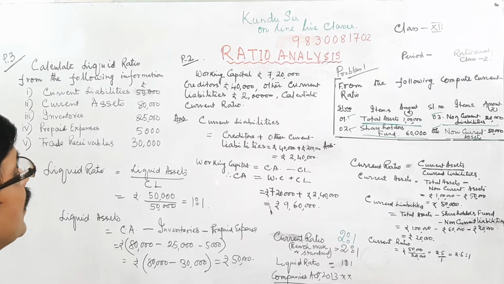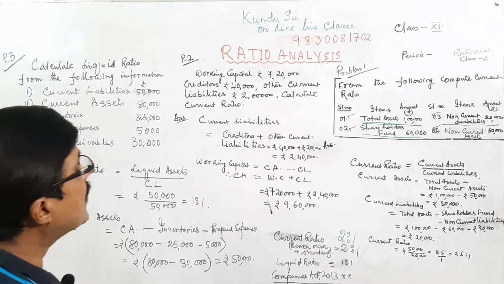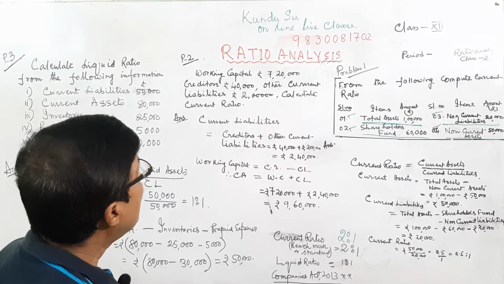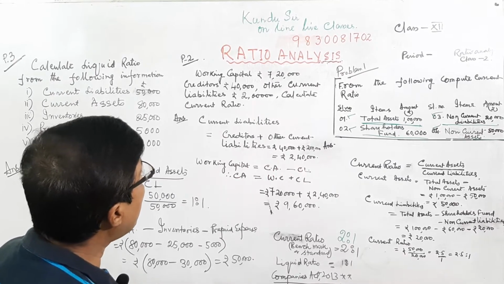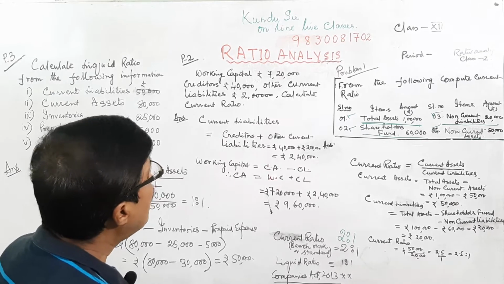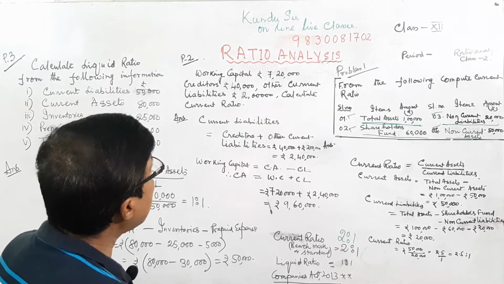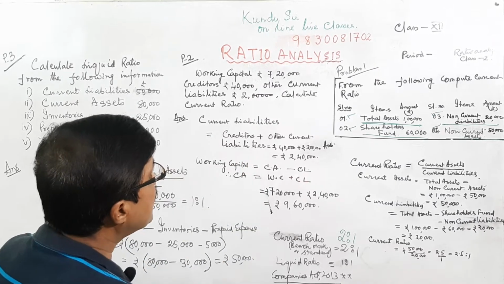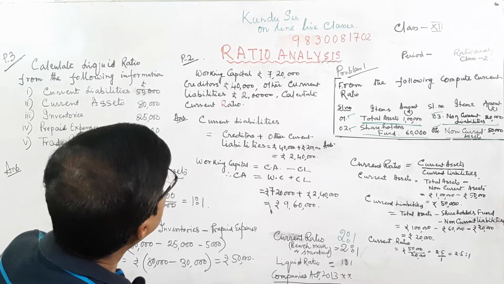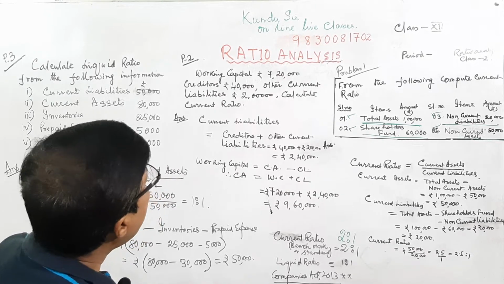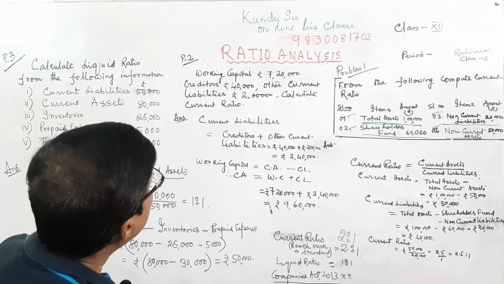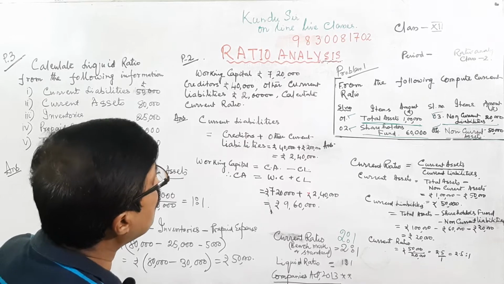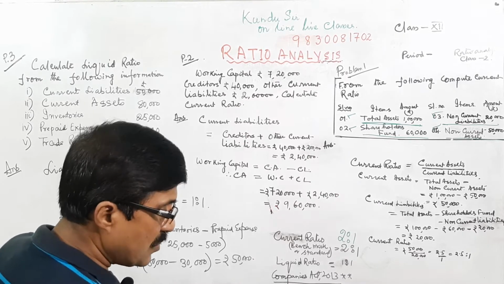Now we want to get the current assets. Working capital equals current assets minus current liabilities, so after changing the side of the item, current assets equal working capital plus current liabilities, that is 7,20,000 plus 2,40,000, equal to 9 lakh 60,000.